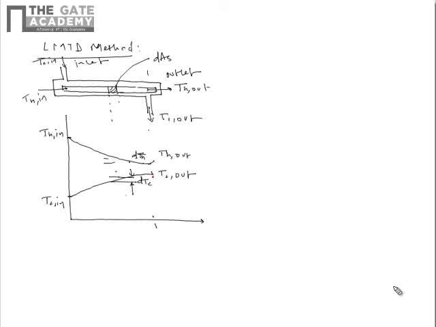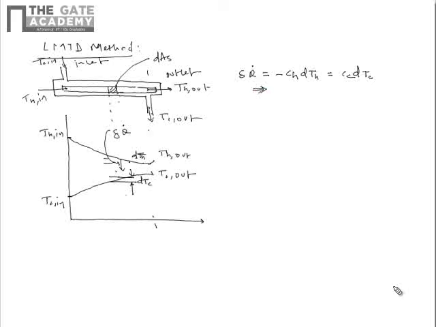So if we do the energy balance, or if we see the amount of heat transfer from hot fluid to cold fluid, that is del Q dot. This will be equal to heat lost by hot fluid is equal to heat gained by cold fluid, right?